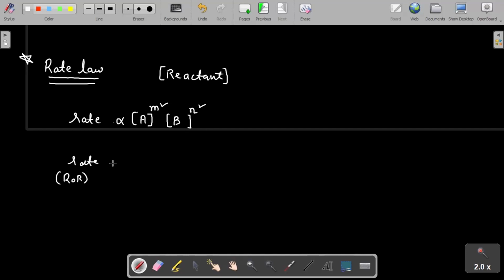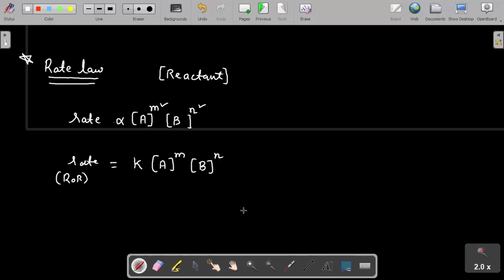So the rate, or you can say ROR, another way of finding rate of reaction, is equal to K, where K is the rate constant, times the concentration of A raised to the power m, times the concentration of B raised to the power n. Now, what are m and n?